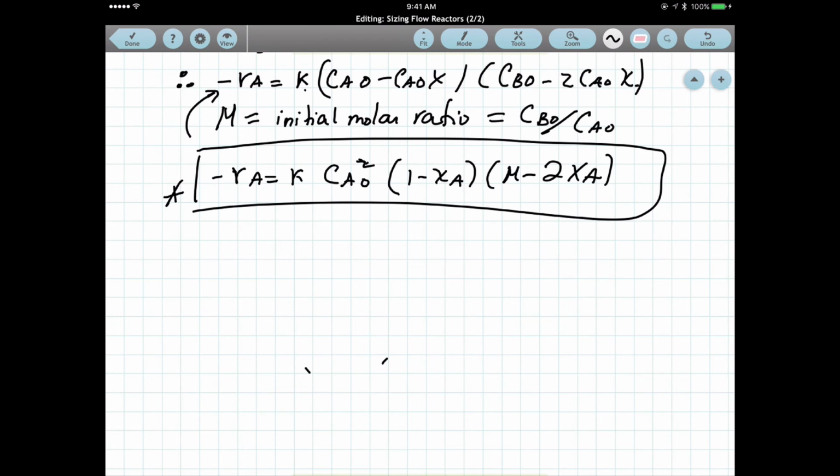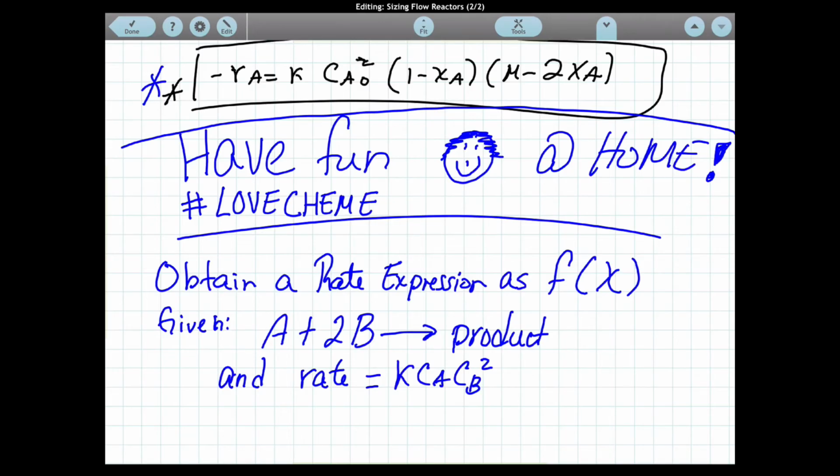As an assignment, I want you to work this out. This is kind of a homework for you. Let me pause it here for a minute. So now I want you to have fun at home, and you can use the hashtag LoveKimi when you're doing this because you're going to be having fun.